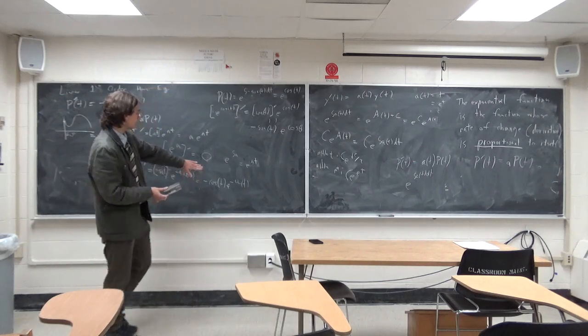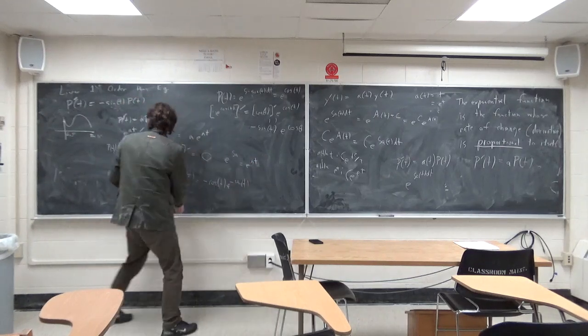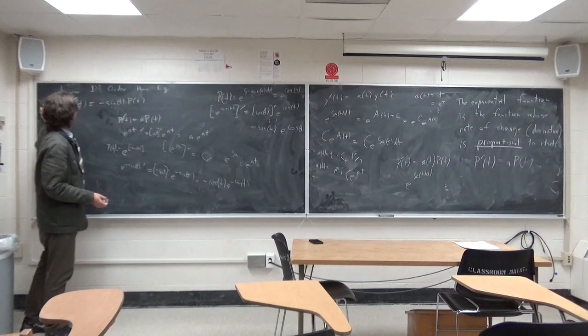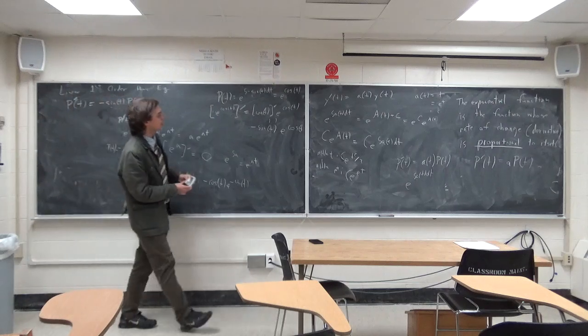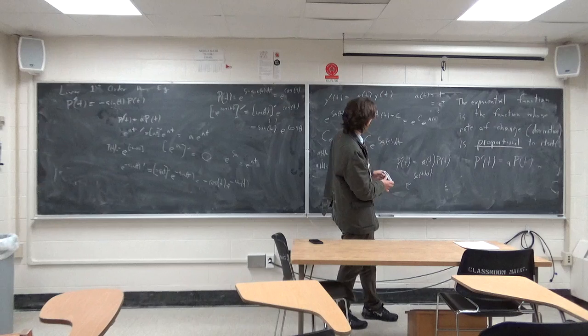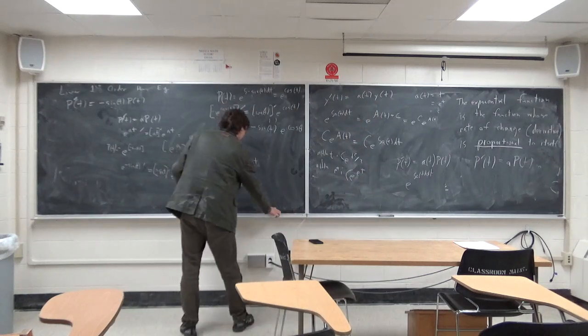So in this particular situation, why is it that we are getting this solution of e to the cosine t? So let's think about this.